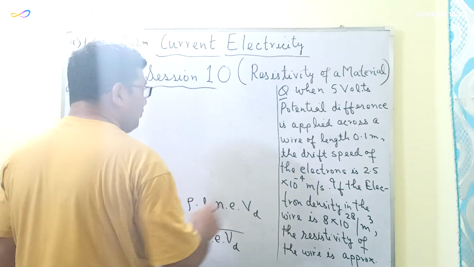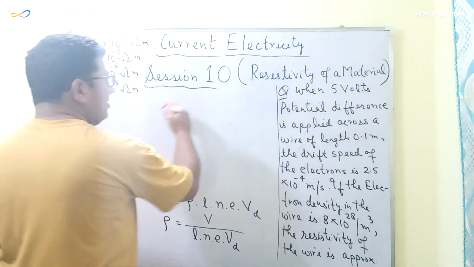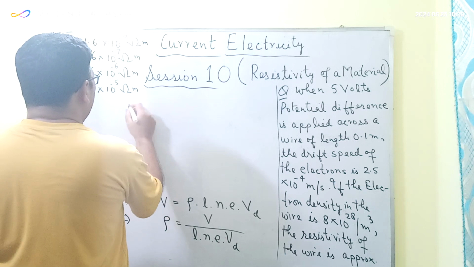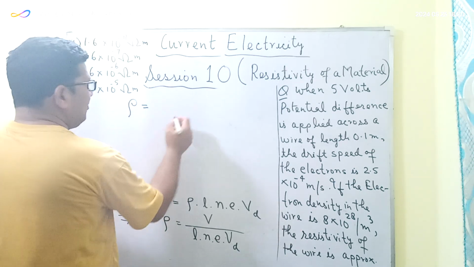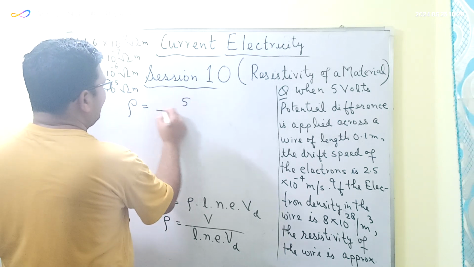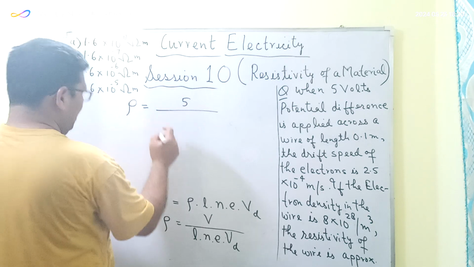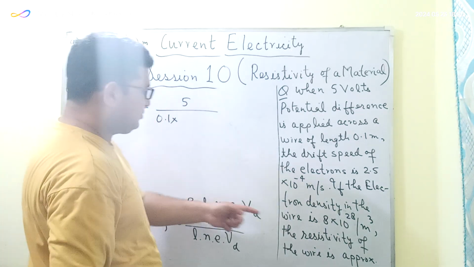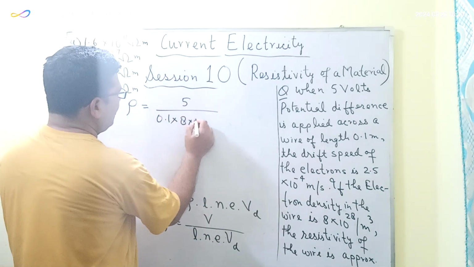From the values given in this question, the resistivity of the material can be written as rho is equal to V, which is given as 5, divided by L, which is 0.1 meter, N is already given to us, which is 8 into 10 to the power 28.